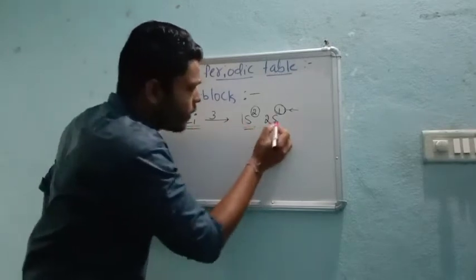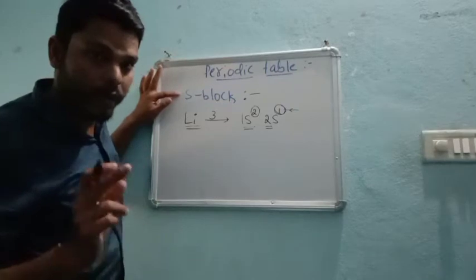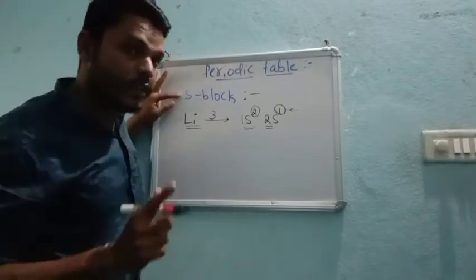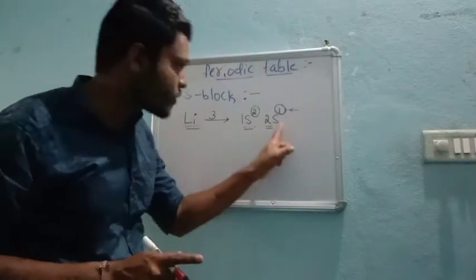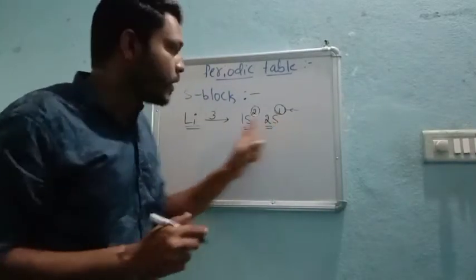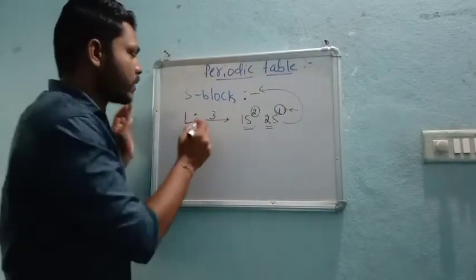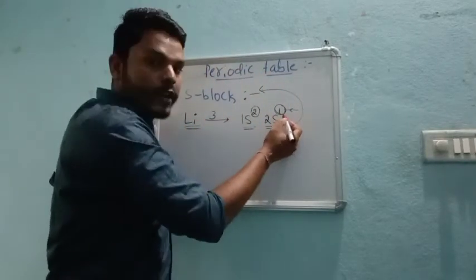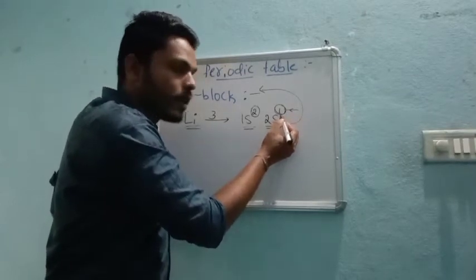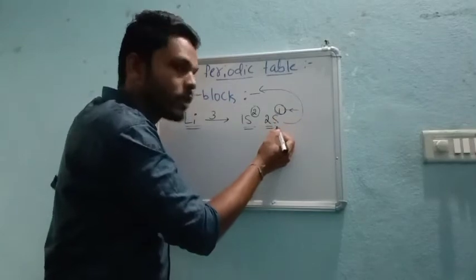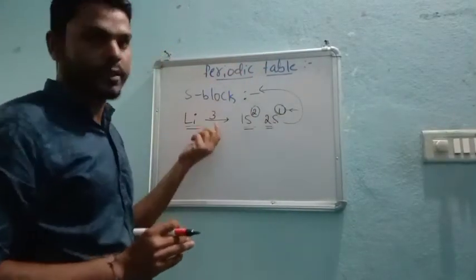After writing the electronic configuration, the definition is: if the differentiating electron or the last electron enters into the S subshell, then those elements are called S block elements. Very simple. That's why this differentiating electron plays a very important role.